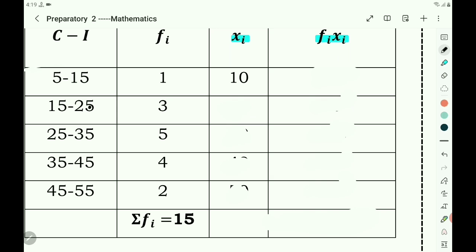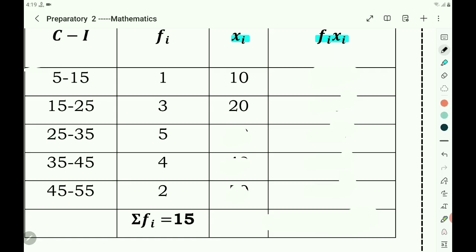Here you observe 25 minus 15 is 10. 35 minus 25 is also 10. 45 minus 35 is also 10. 55 minus 45 is also 10. So size of the class is 10. Then you add 10 to get the next xi, that becomes 20.